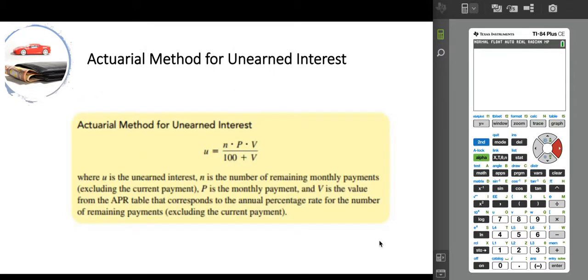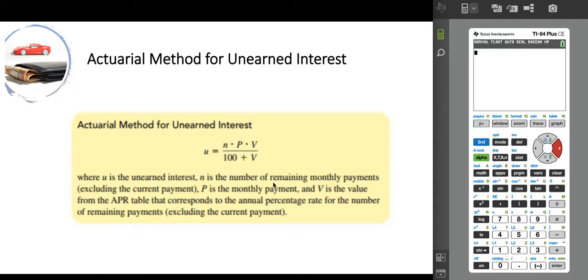Okay. Now, here's the actuarial method. The actuarial method is a way of calculating what the unearned interest is, the amount that you don't owe because you're paying the money off early. In this formula, we are actually finding U, the unpaid interest. N is the number of remaining monthly payments.